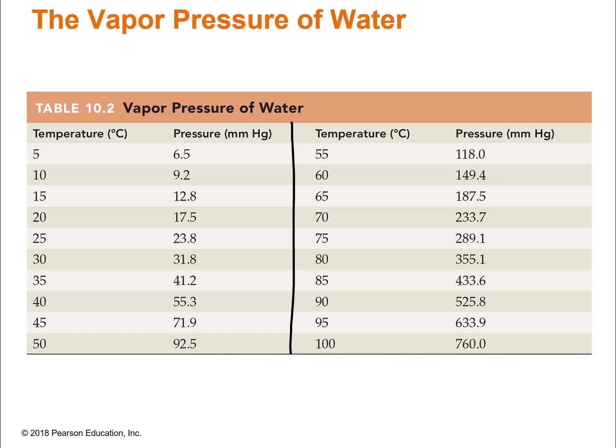And whatever temperature you're working with, you look it up on the chart so that you know how much vapor pressure is attributed to the water, and you can figure out how much is from your gas. You do not need to memorize this table. The information you need will be provided for you, either in the form of this table or within the problem itself.